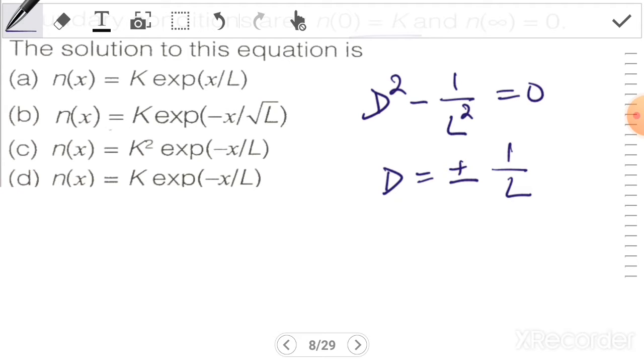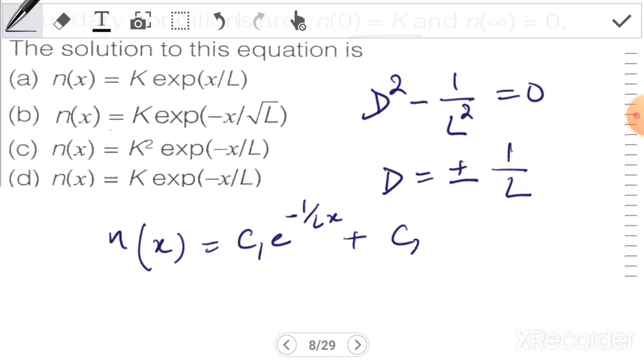Then the solution is c1 e power minus 1 by L x plus c2 e power plus 1 by L x, right?